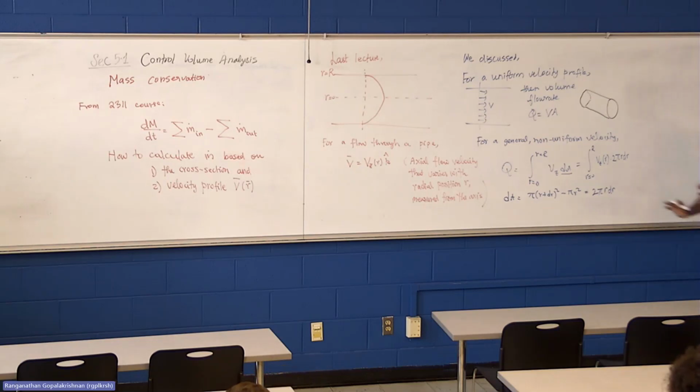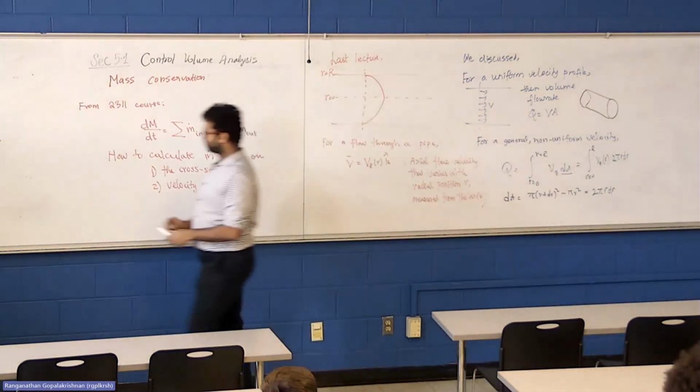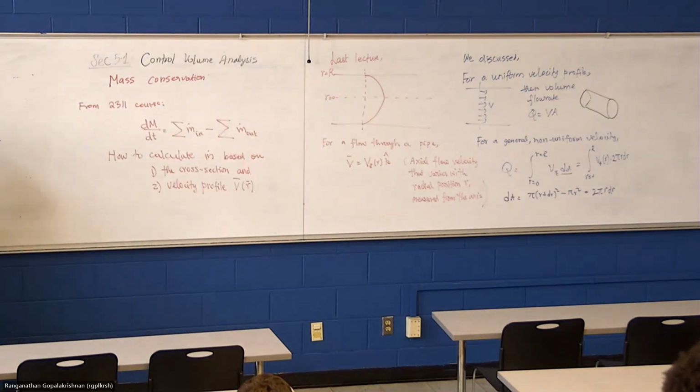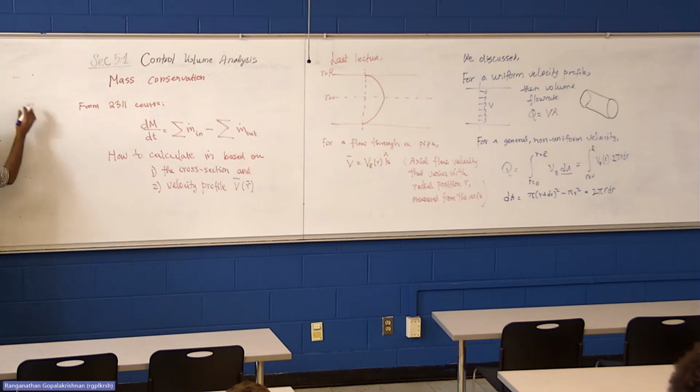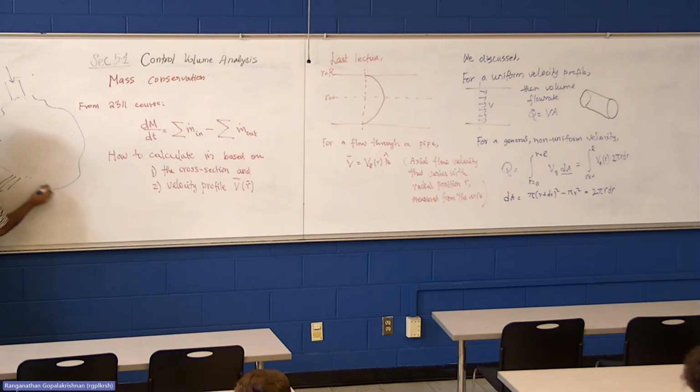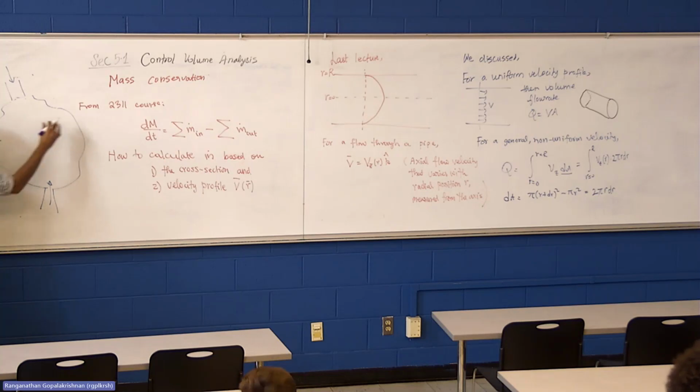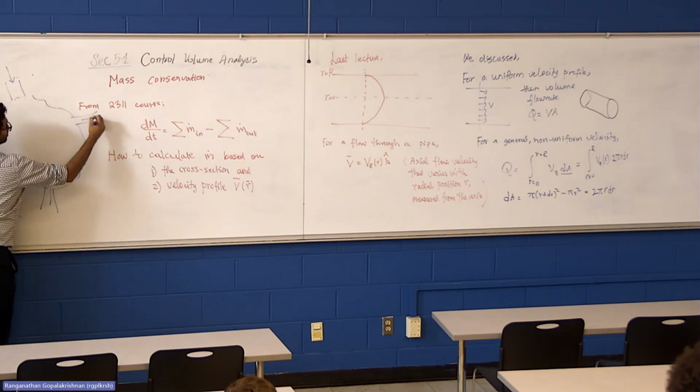Okay, so this is where we stopped last time, and what we want to do is, if you have an arbitrary volume, first I'll draw that, and let's say it has multiple inlets and multiple outlets. Some kind of a fluid system where you have multiple inlets and ways in which fluid can leave the system.